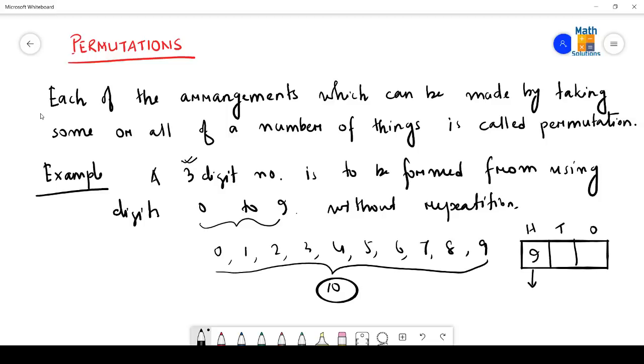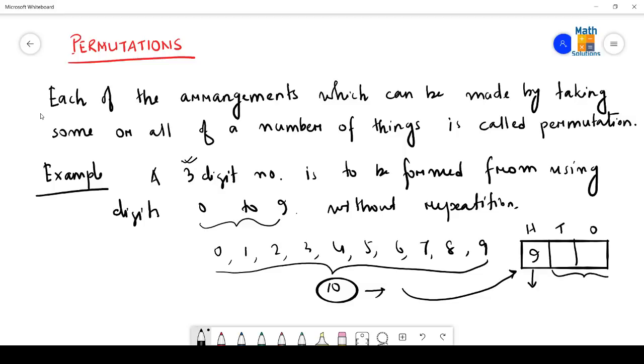Now there should be 9 options for this hundreds place. For the hundreds place, if I put any one option here, how many options will be left in our hand? In total there were 10 digits, out of which I have already used one. So there will be 9 options left.